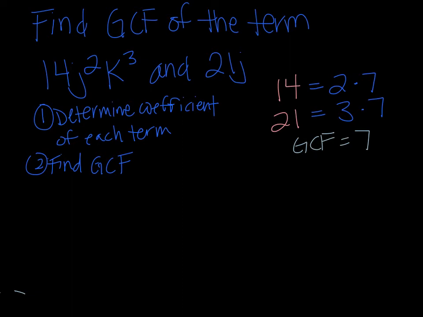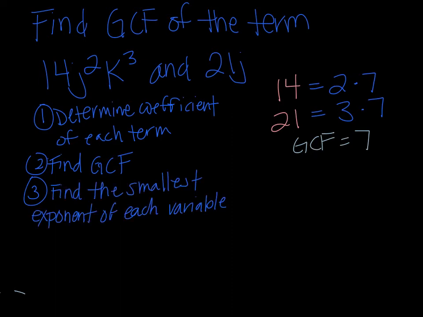Then our next step is to look at the variables, which brings us to step 3. This step tells us to find the smallest exponent of each variable. So let's look at the variables. We have j squared and k to the cube power, and we have j.